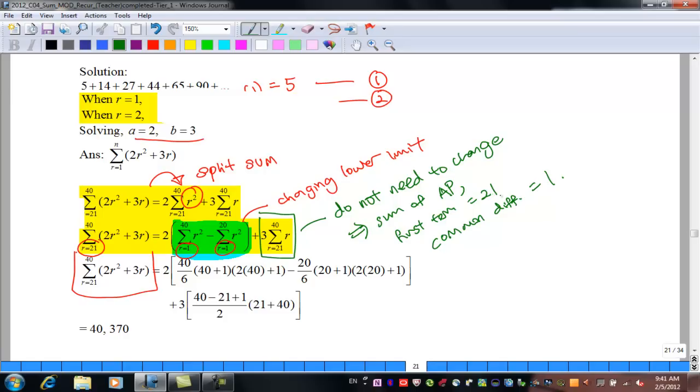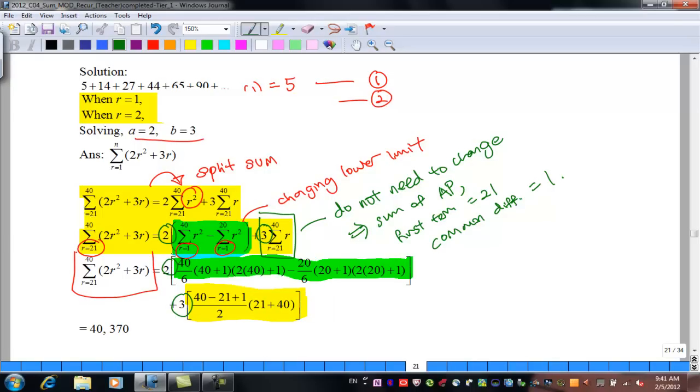So applying the formula, this is going to come from the green portion highlighted above, and from the sum of AP, we will have this term. Not forgetting the times 3 over here, as well as the factor of 2.